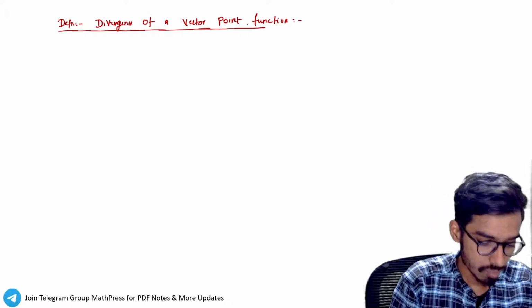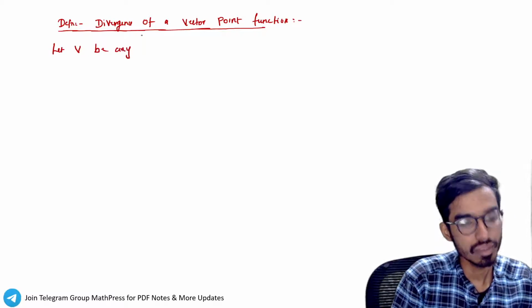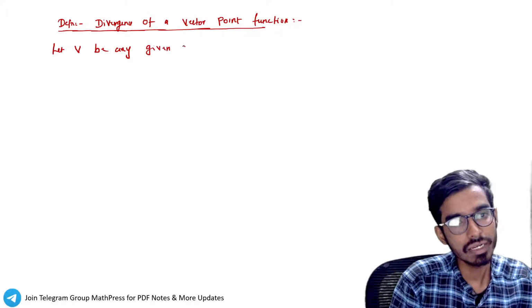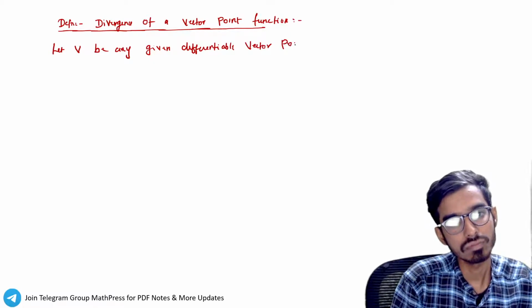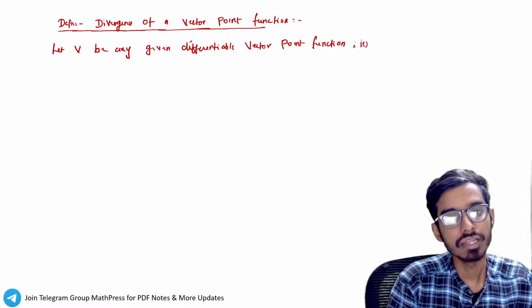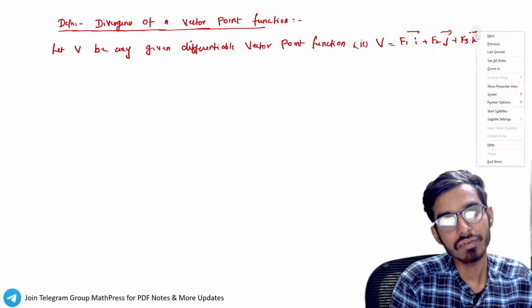Let capital B be any given differentiable vector point function. That is, let us take B equal to f1 i vector plus f2 j vector plus f3 k vector.